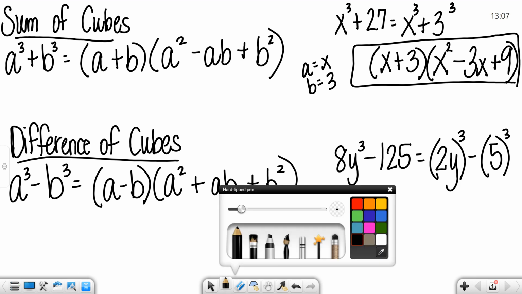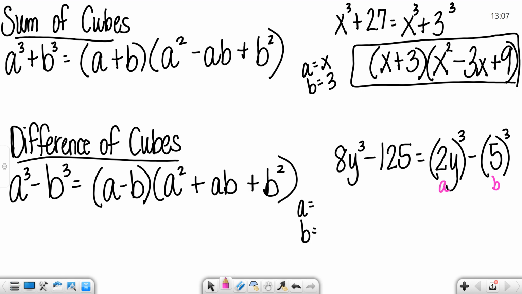Now I can see my A and B values. There's my A value, there's my B value. So A is 2y and B is 5. Now I plug those into the rule over here where they belong.